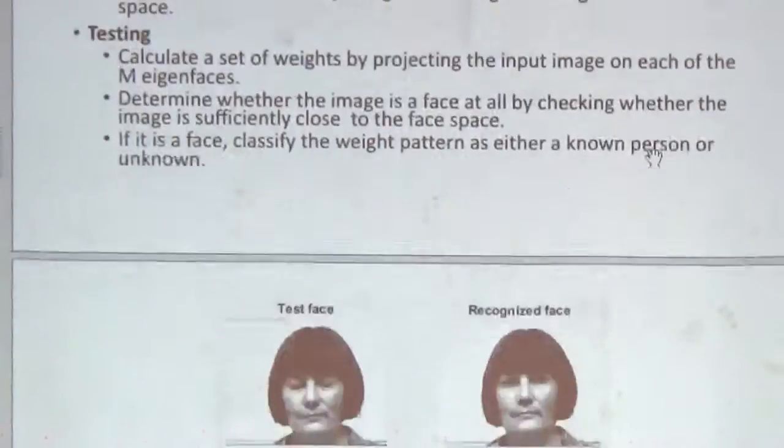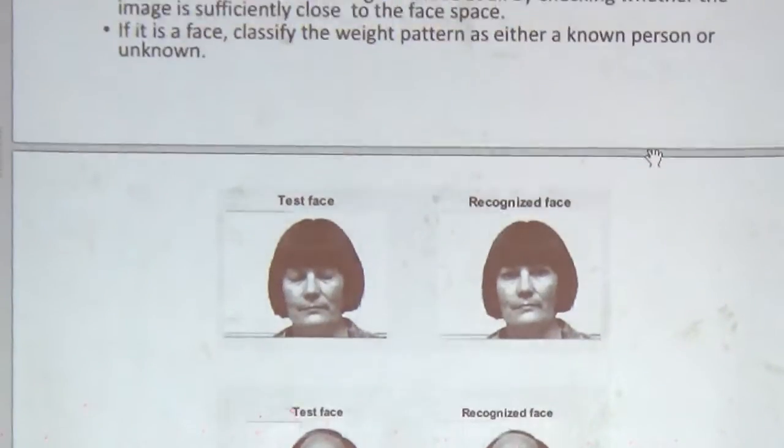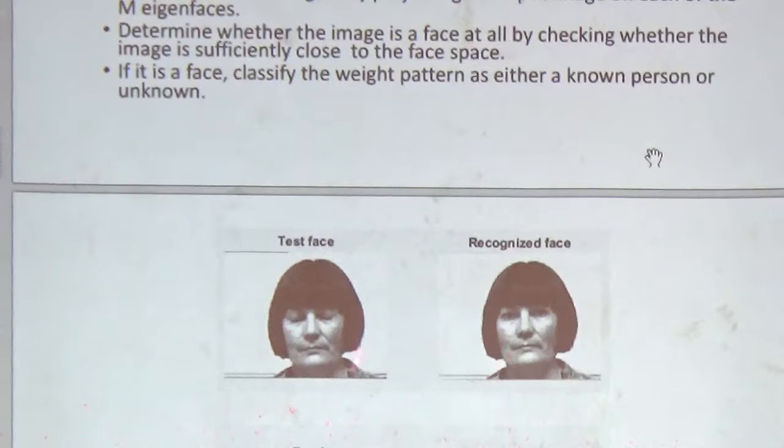How can I use it for recognizing? Suppose you have this test case and you want to get the closest case to it in your database, to identify whether that person is there in the database or not, or who that person is. You have a finite number of images in your database, and you call one of the people whose images you have taken and ask them to sit and take a picture. So that person will be something like this.